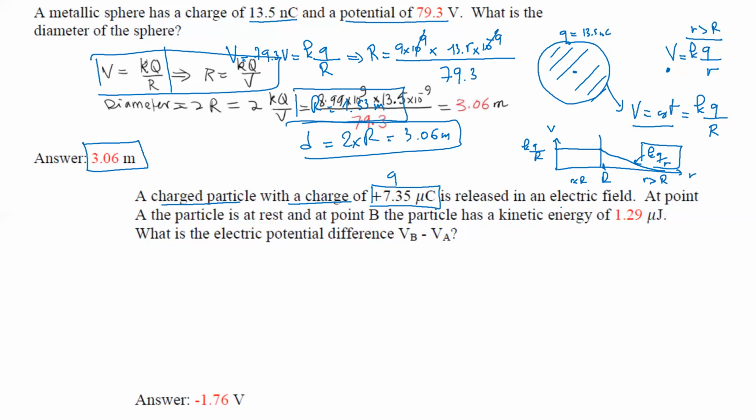It is released in an electric field. At point A, the particle is at rest, and at point B, the particle has a kinetic energy of 1.29 microjoule. The question is, what is the electric potential difference between these two points A and B?